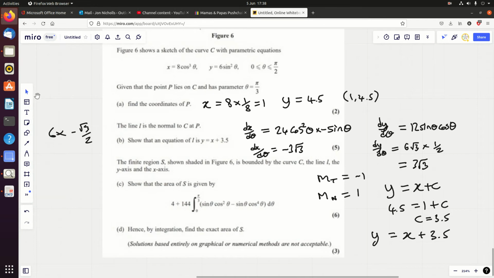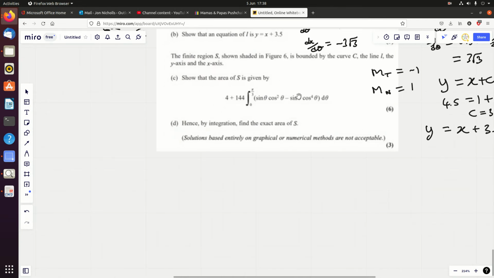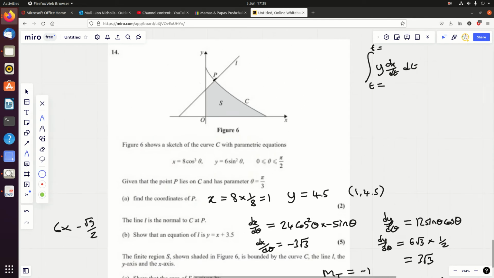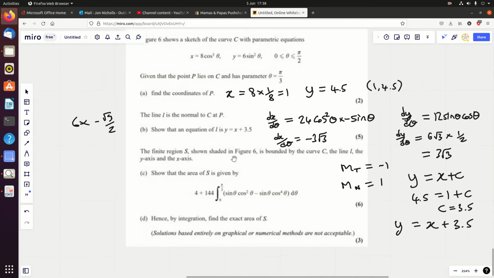Okay, right. Now we've got to find a region using parametric integration. You really want to break these up, because we could integrate under the line from here to here, but that's just a trapezium, where this side is 3.5 and that side is 4.5. Let me just explain the 4 that they get at the start of this formula.